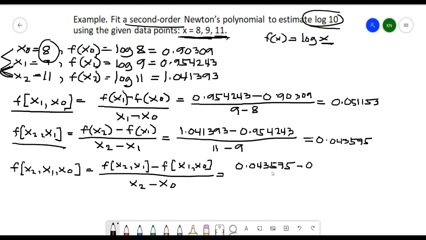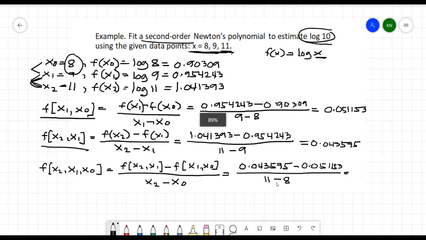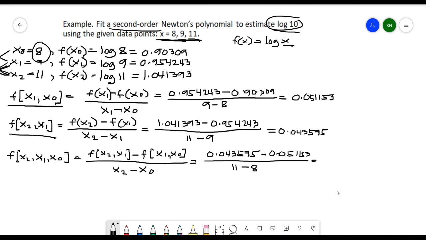So we have 0.051153 divided by x sub 2, which is 11, minus x sub 0, which is 8. That gives us the result of negative 0.002526.